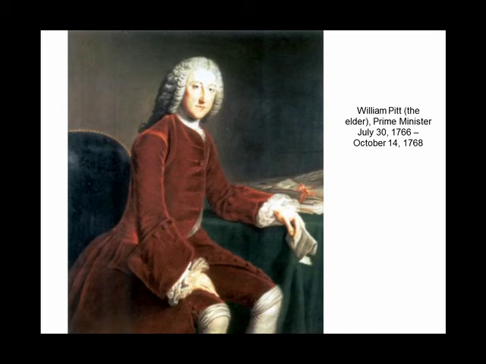Now, the Townsend duties get around this problem of internal taxation. They say, okay, the colonists have agreed that Parliament has the right to have customs duties. So we're just going to tax more heavily the goods coming in and out of the American colonies, and they can't raise a fuss because we don't have the right to do that.